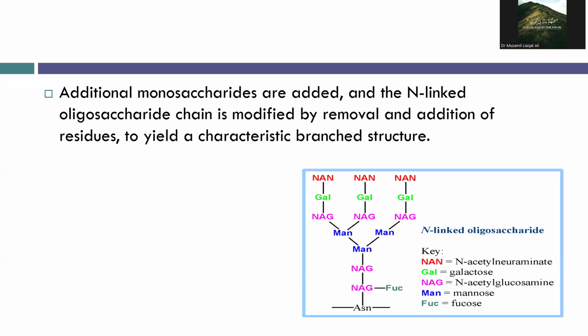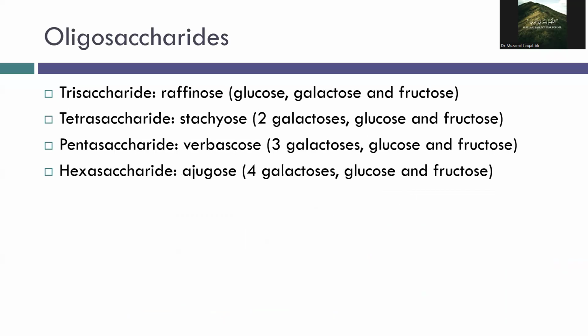What about examples of oligosaccharides? Common oligosaccharides include the trisaccharide raffinose, a combination of glucose, galactose, and fructose. Next is the tetrasaccharide stachyose, with two galactose molecules, one glucose, and one fructose in its structure.